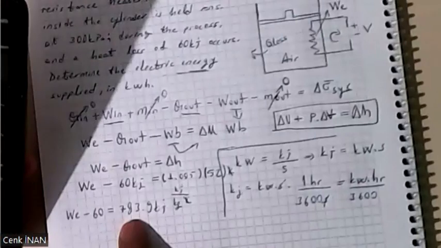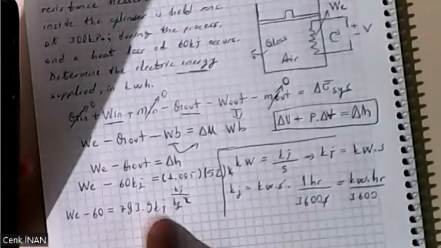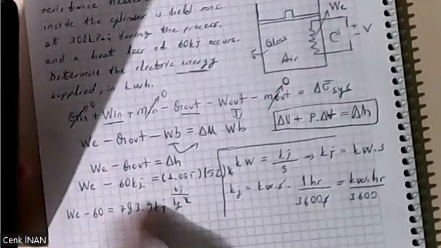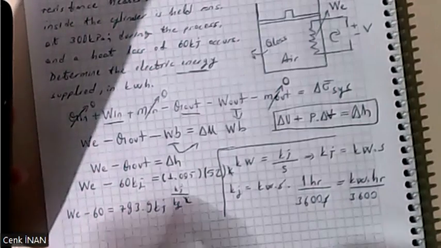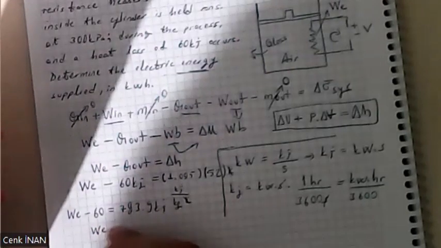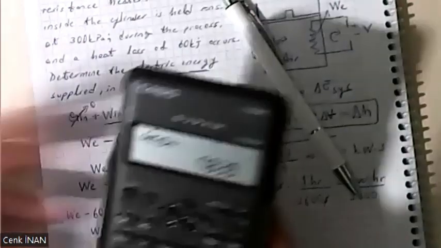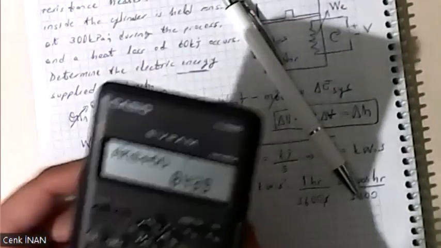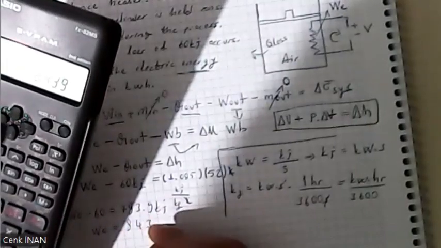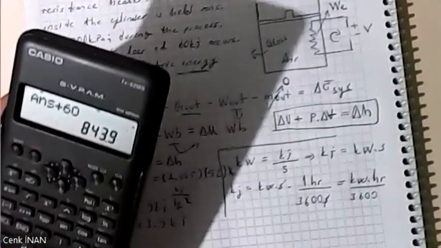When we send the 60 next to this term and sum them, plus 60, what I have is 843.9 kilojoule.